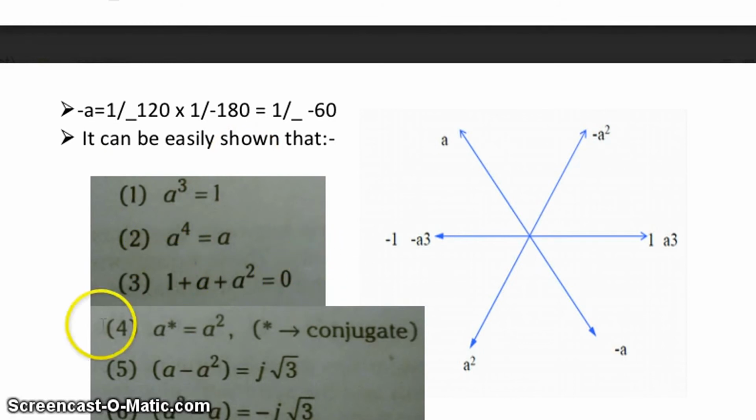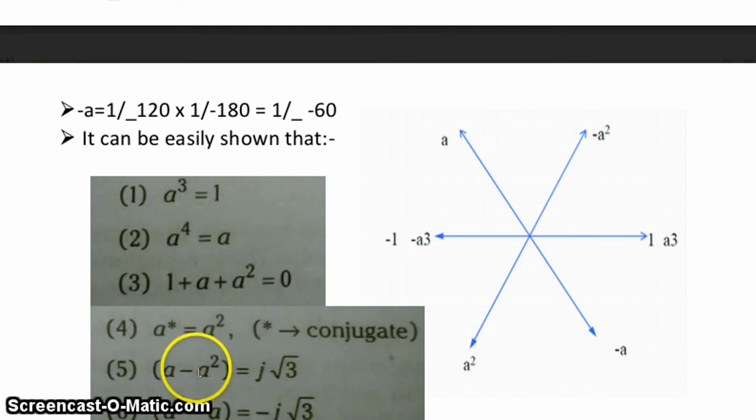Now star represents a conjugate. a's conjugate is equal to a square. So if you use the star symbol, it represents a square. Now a minus a square, right?